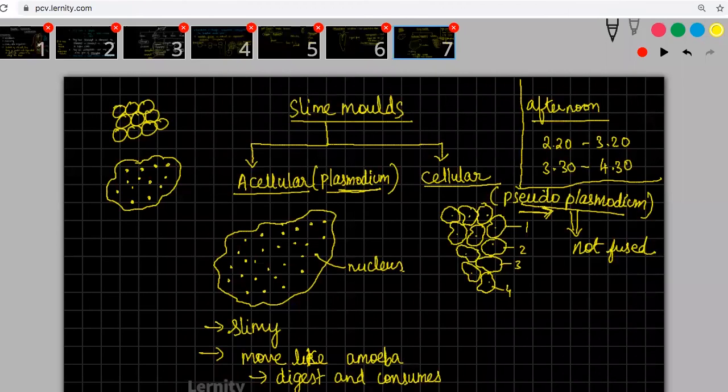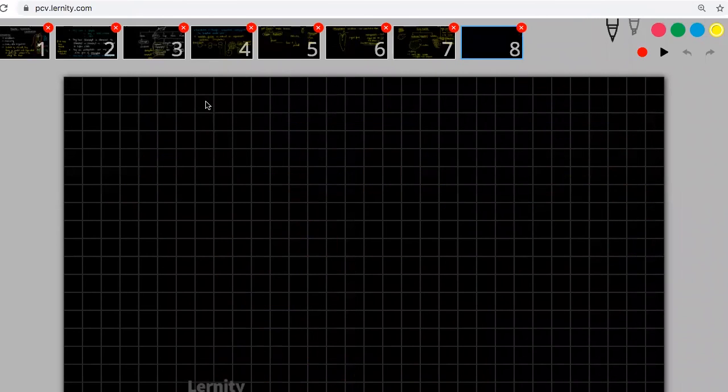Usually slime molds are advanced protists, or primitive fungi.